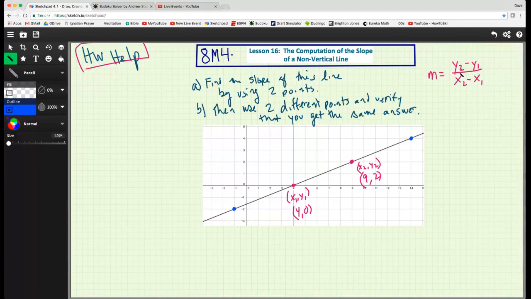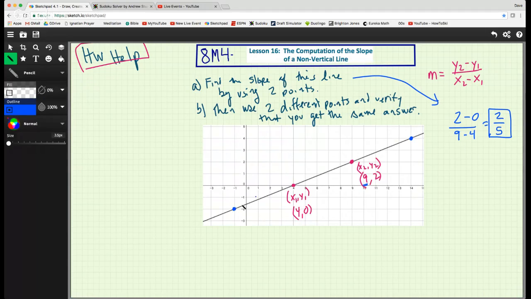Okay, so right now, though, we're going to use these 2. So y2 is 2 minus y1 is 0 over x2 minus x1. And so we get 2 over 5. So our slope is 2/5. And that's the answer to A.